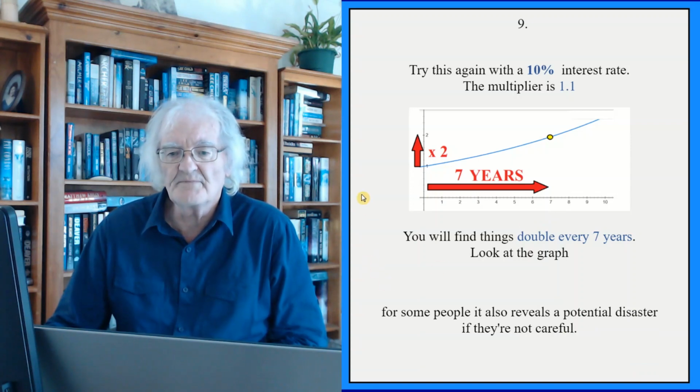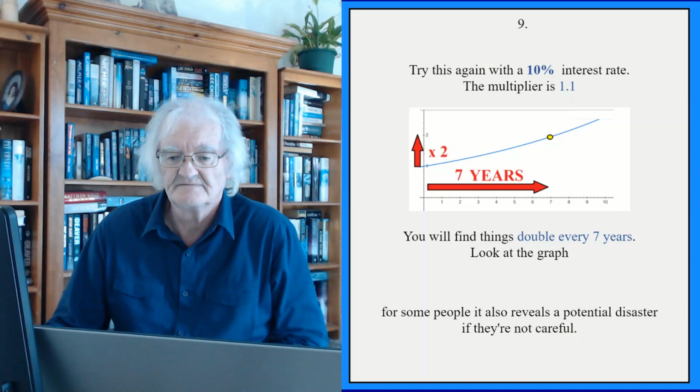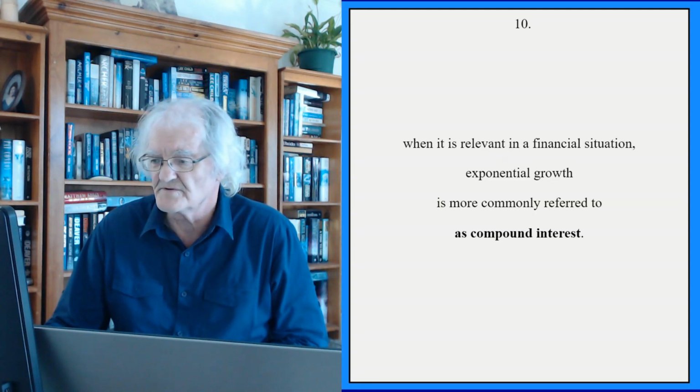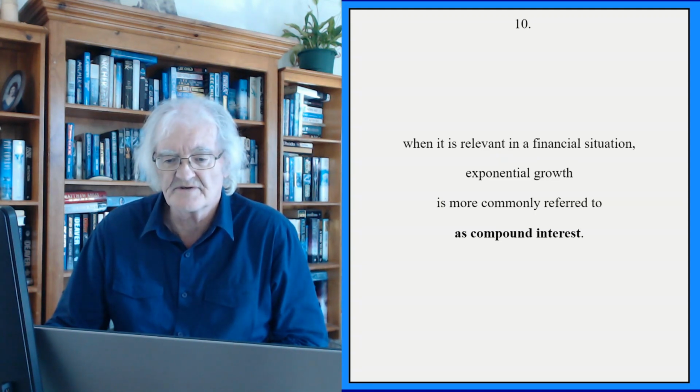For some people, when the interest rate on a debt is 10%, it also reveals a potential disaster if they're not careful. When it is relevant in a financial situation, exponential growth is more commonly referred to as compound interest.